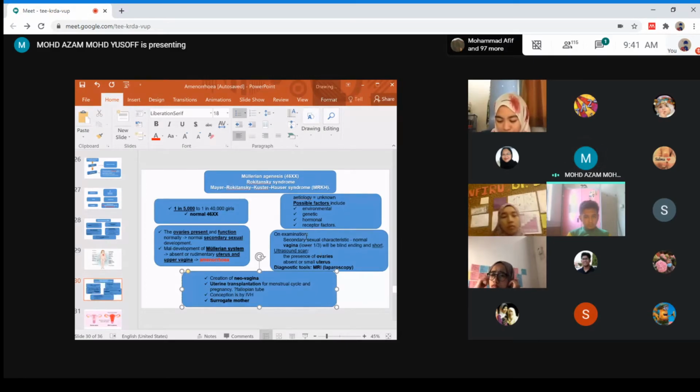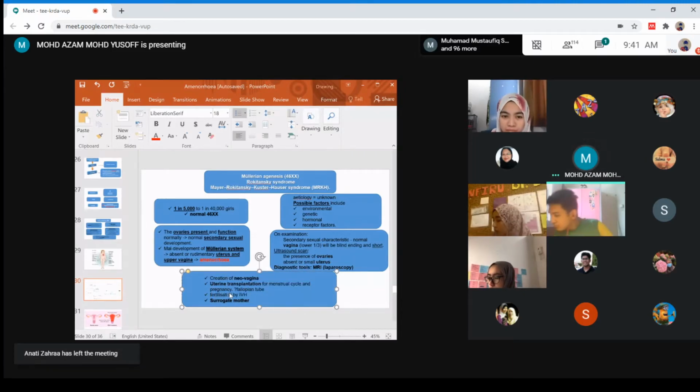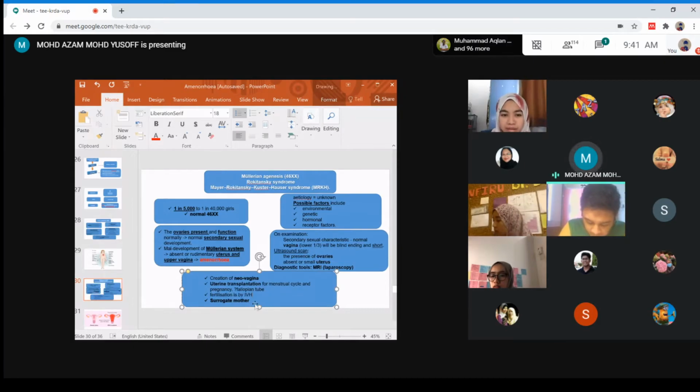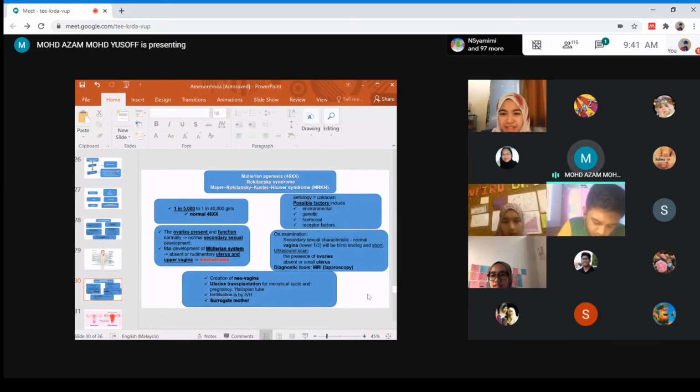Conception, or fertilization, is by IVF, and then if they don't have uterine transplantation we need to get a surrogate mother. Clear? Yeah, all right. It's very complex, isn't it?